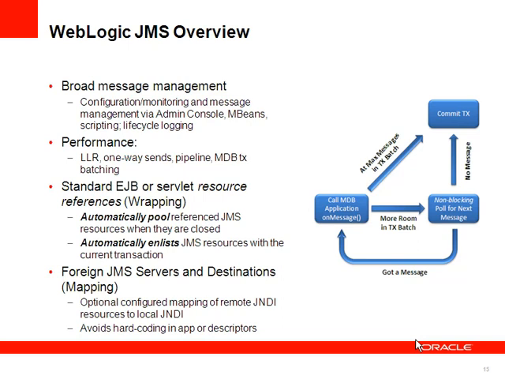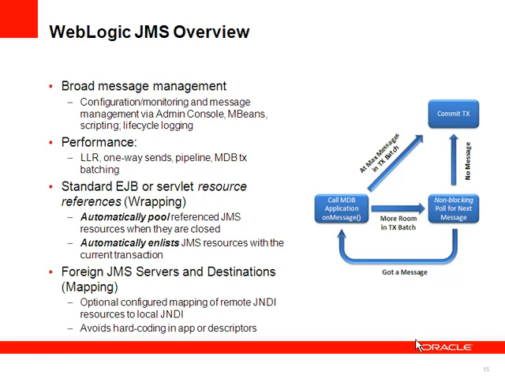So if you use a resource reference either in an annotation or in a deployment descriptor, we turn on this wrapping capability that's built in. There's nothing else you need to do, and when that's turned on, we automatically pool JMS resources, as in sessions and producer objects. So when you close those objects in your application, they actually get cached instead of closed.